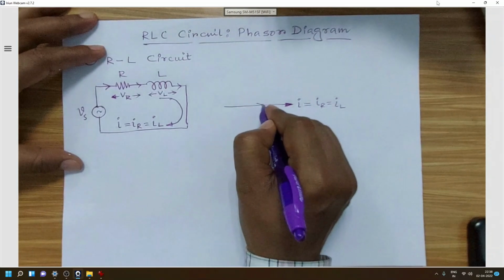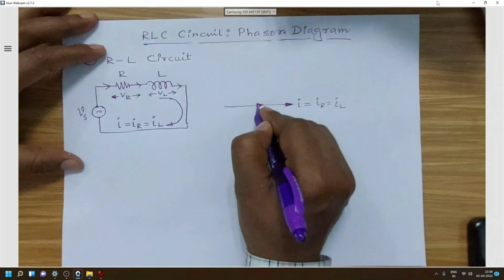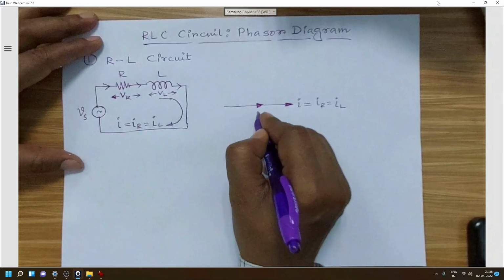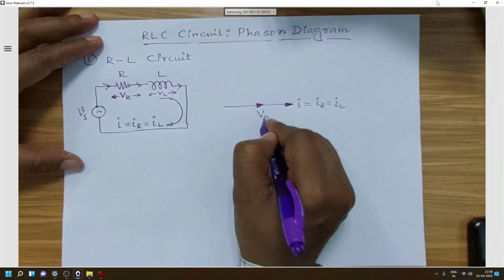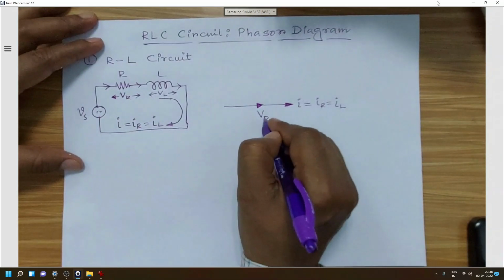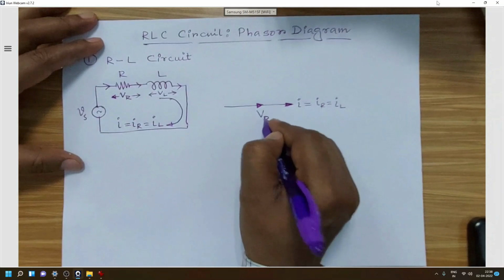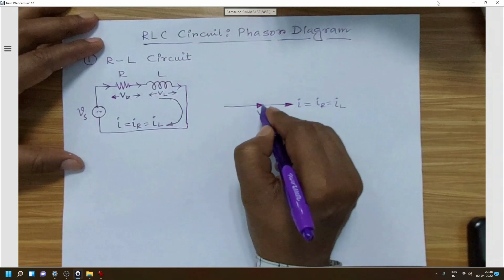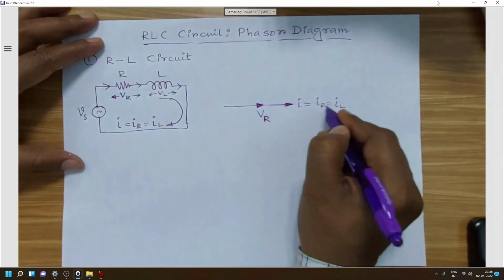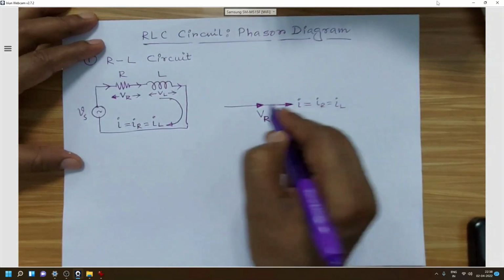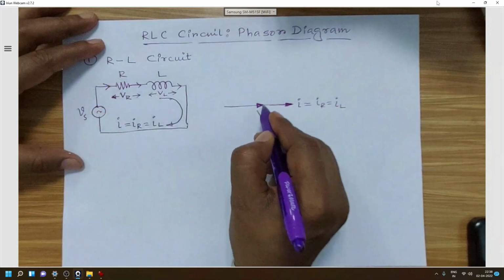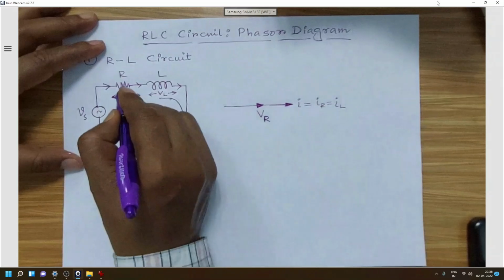Now we know that the phasor for the resistor voltage drop, that is VR, will be in the same phase. So we will draw the voltage across R, that is VR. In this situation we will consider that the reference is IR, because we are going to draw the drop across the resistor.